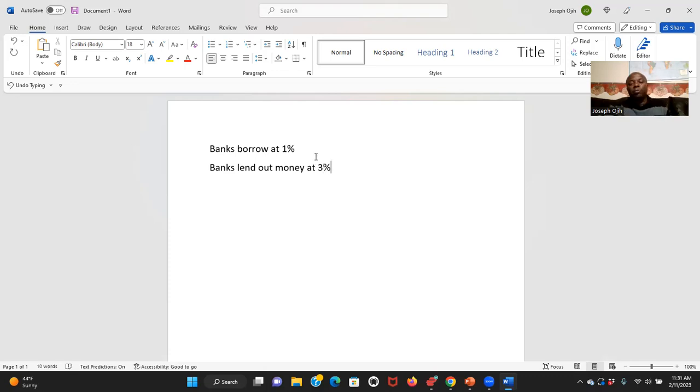So that means they make a profit of 2%. That is the main way the bank makes their major income, most of their income.